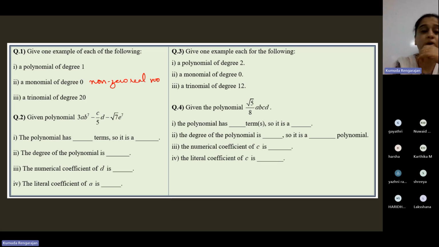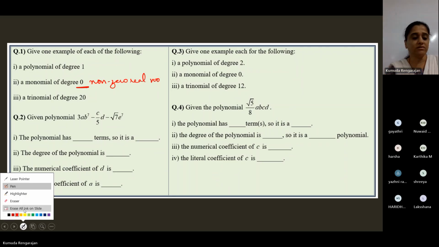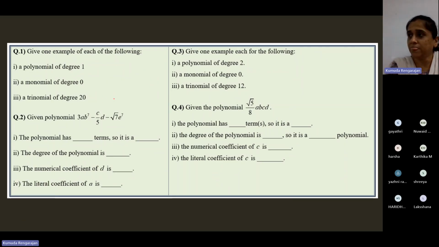Because 0 is the zero polynomial and its degree is not 0. The degree of 0 is not defined. You have to write a monomial of degree 0. Degree 0 means you can give any constant term, but not 0. So any real number, not 0.